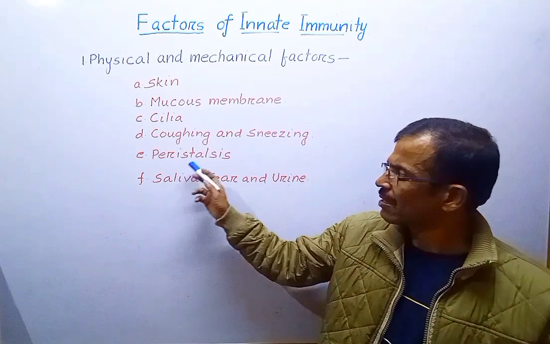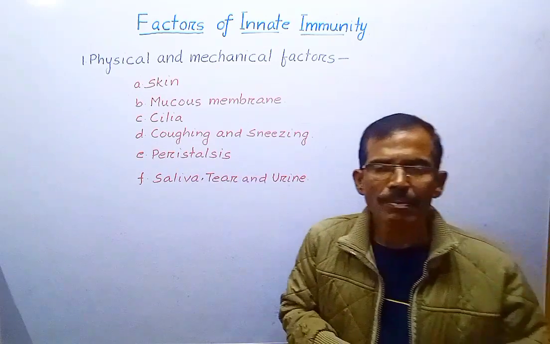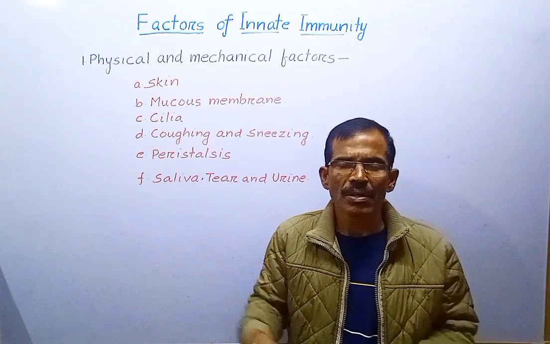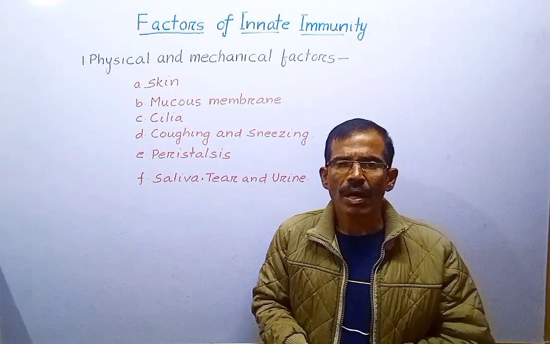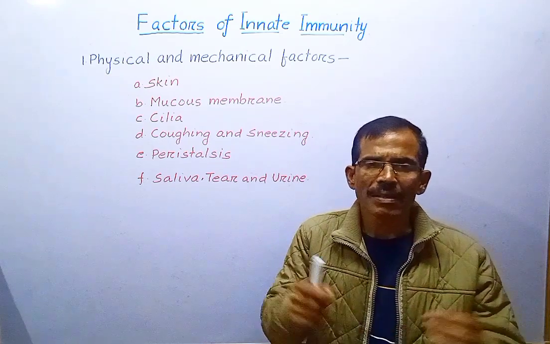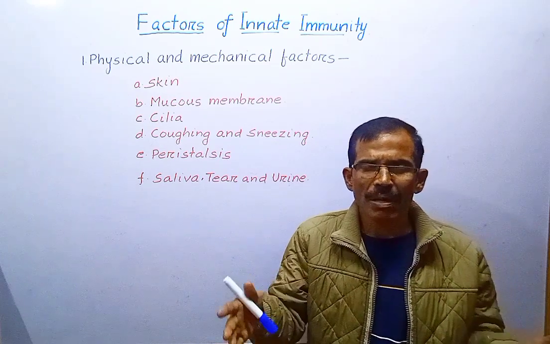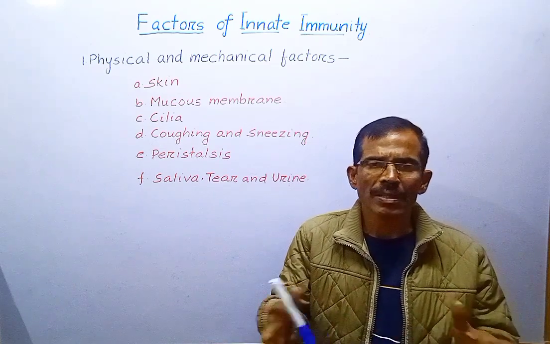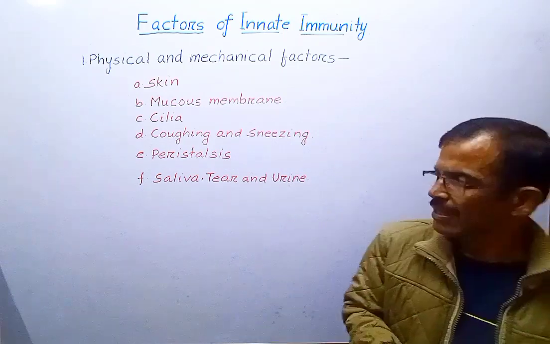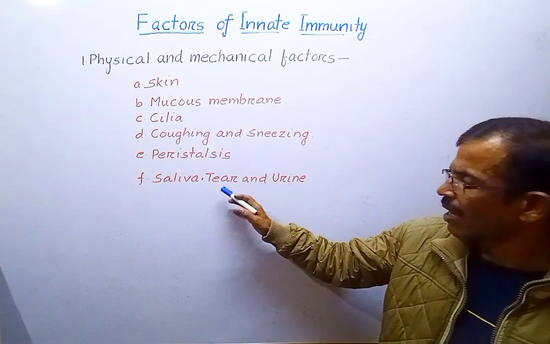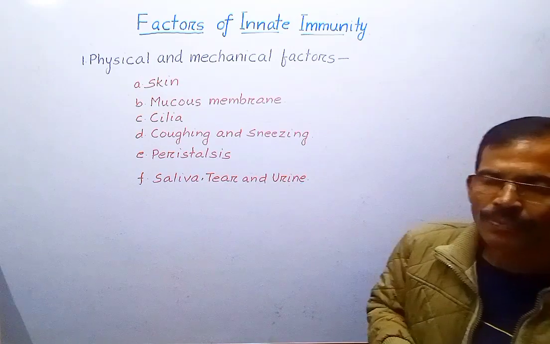Next factor is peristalsis. Sometimes by escaping various barriers, microorganisms may enter the intestine. These organisms are pushed away by the peristaltic movement of the intestine. Next factors are saliva, tear and urine.